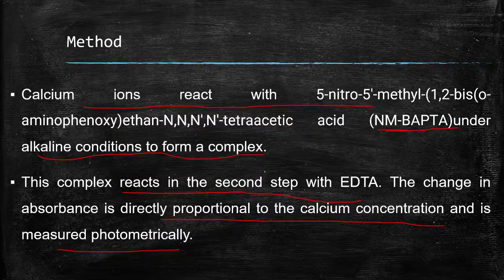Usually the photometric method that is used here is flame photometry. In flame photometry, the sample, that is the calcium containing solution, NM-BAPTA is added to the urine sample. So this will react with calcium and form the complex, and then EDTA is added, then the EDTA complex is formed.